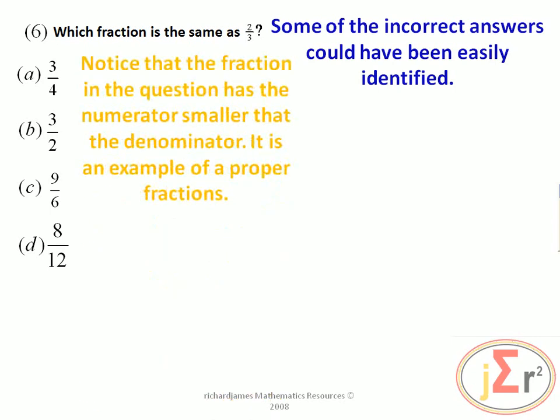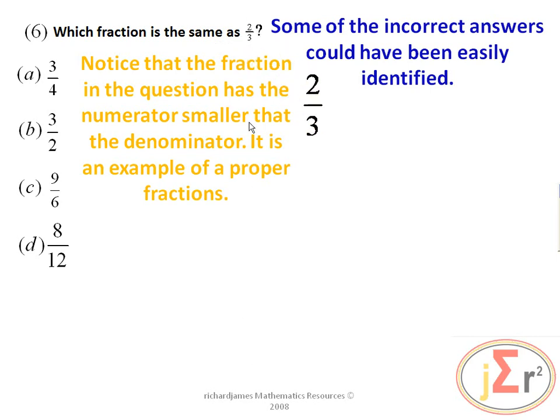Notice that the fraction in the question has the numerator smaller than the denominator. It is an example of a proper fraction. So when we have a proper fraction, the numerator is smaller, and that is what we have in the statement of the problem.